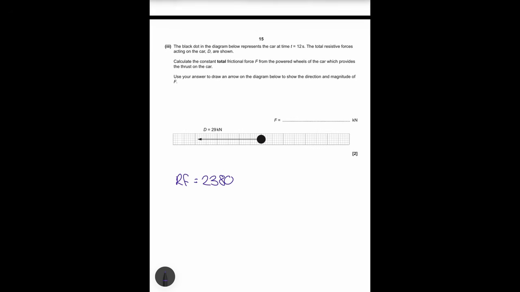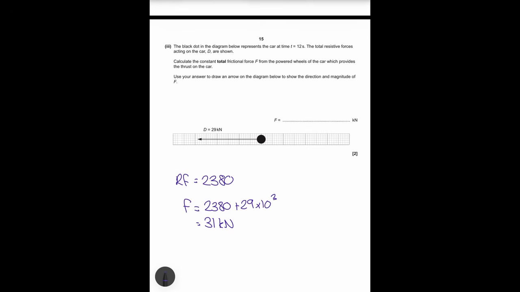So how am I going to get the forwards force? Well, I know that the forwards force has to be 2,380 plus the resistive forces, which is 29 times 10 to the 3. Okay, so if I know that this is the case, I'm going to put that in the calculator, and I get around 31-ish to this scale. It's fine. So I'm going to get 31 kilonewtons.